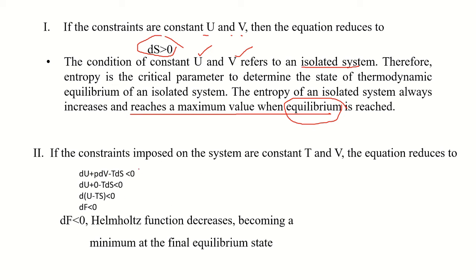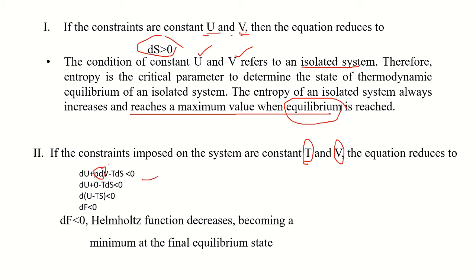Let us continue with this equation. So I was discussing dU plus PdV minus TdS less than 0. Here U and V were the constraints. Now let me put T and V as the constraints. So what should happen? V is constant, gone.